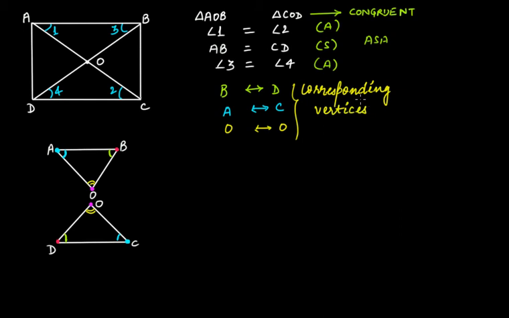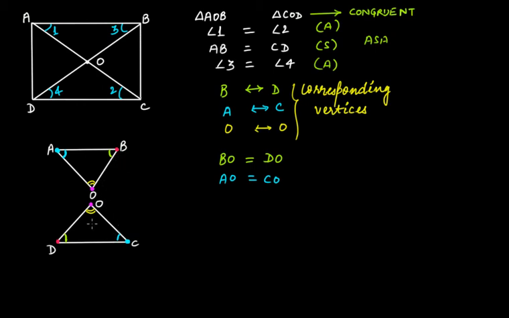So since this B will fall on D, we can say that BO will fall on DO. So BO of triangle AOB will be equal to this DO of triangle COD, and then since vertex A will fall on vertex C, AO will fall on CO. So AO of triangle AOB is equal to CO of triangle COD, and the remaining one is what?